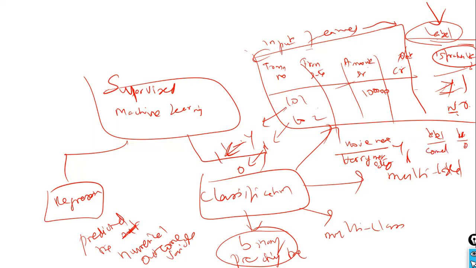We cannot say this movie is fully comedy. It is a combination of romance as well as comedy. Hence in this case you need to have more than one label, unlike the multi-class and binary classification problem. In the case of multi-label classification problem, you need to have more than one label.